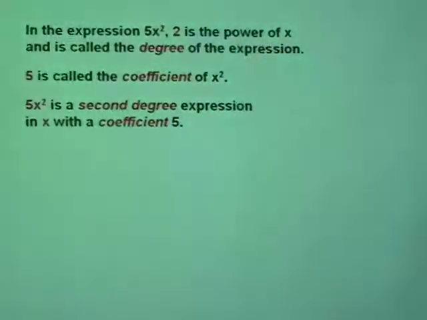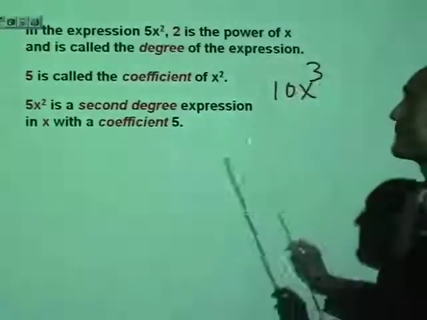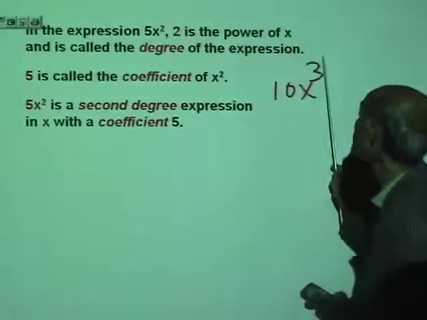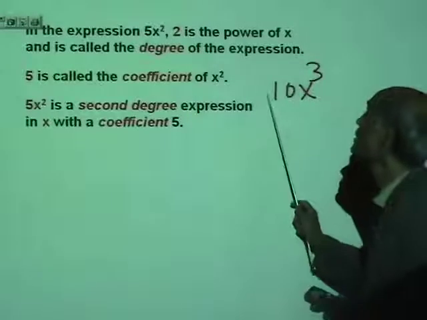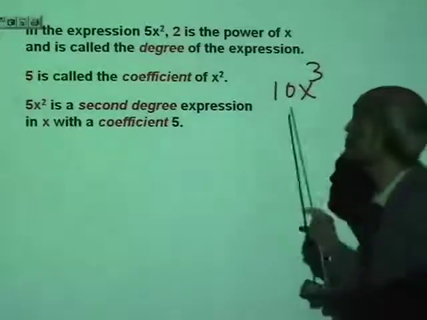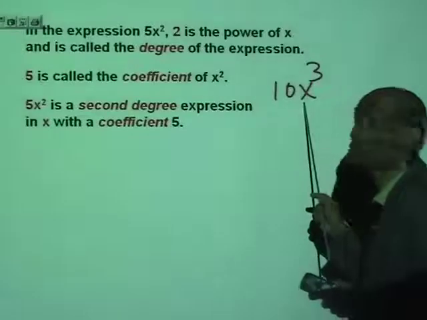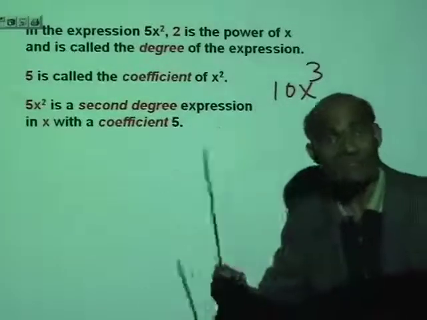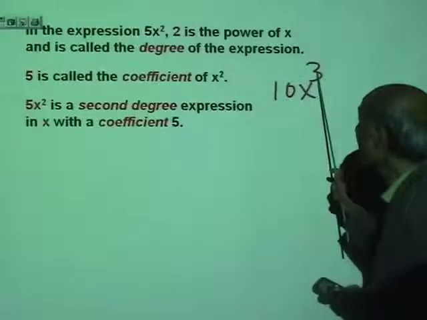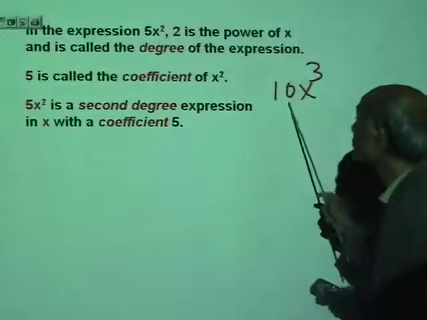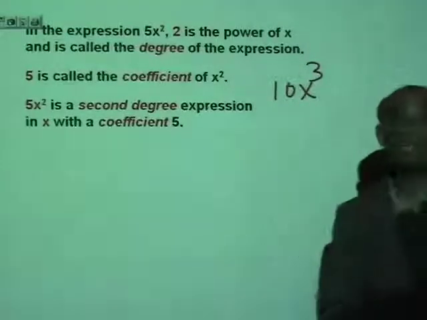Okay, let me ask you then, what is the degree of 10x cubed? The degree of 10x cubed is 3. 10 is the coefficient. So this is a third degree expression in x, where x is the variable, and the coefficient is 10.